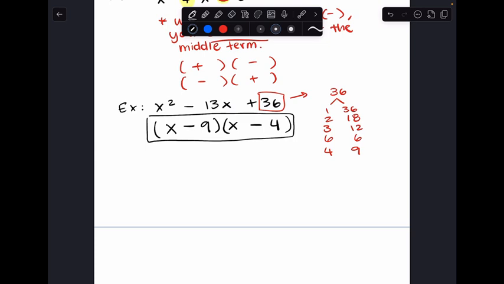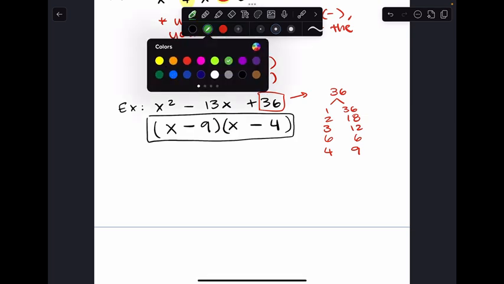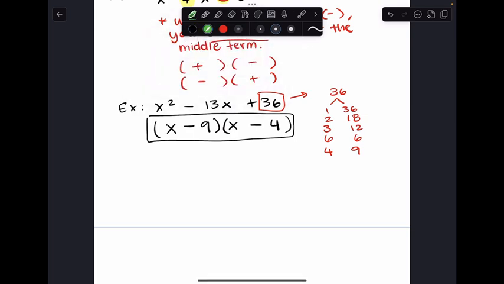Again, if you want to check yourself to see why the signs are the way they are, you're just going to have to FOIL them out. So if I were to FOIL this out, we have x times x, which is x squared, x times negative 4, that would be a minus 4x.